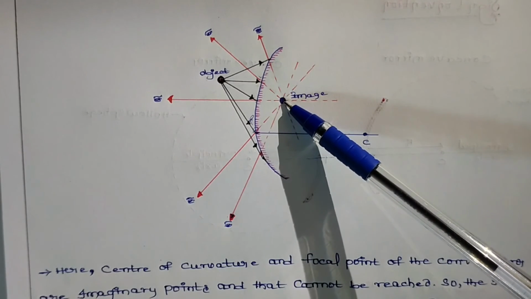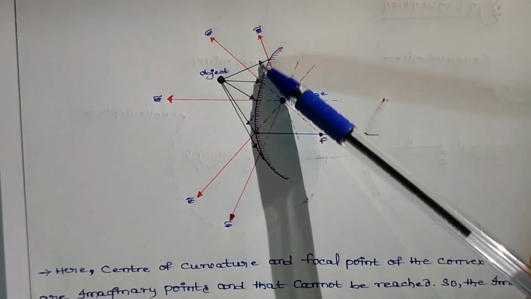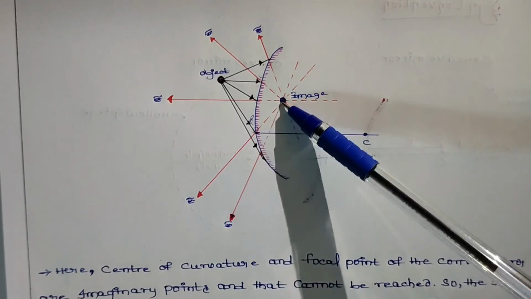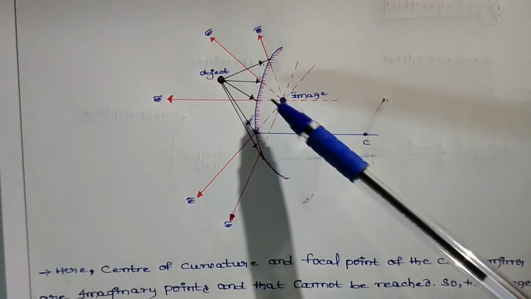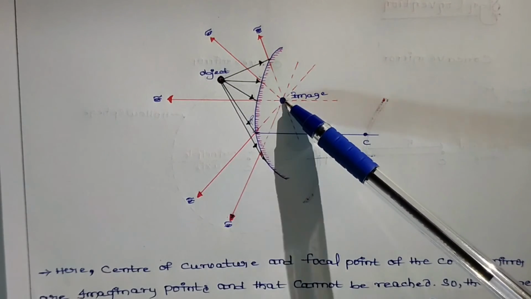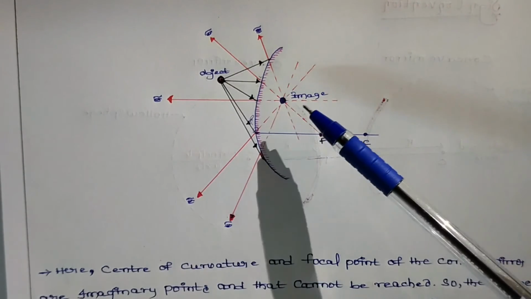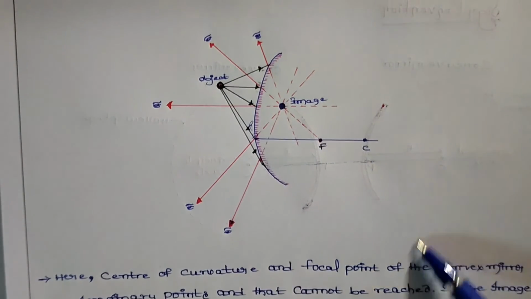This point of intersection of all the extended reflected rays is the image location of the object. This is the image of this object, and this image is a virtual image.